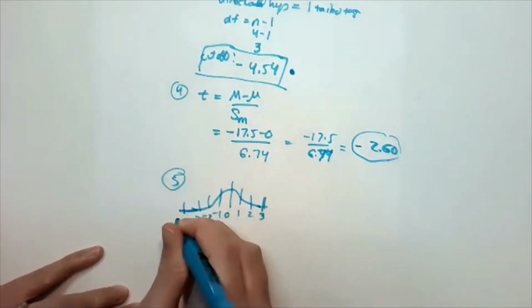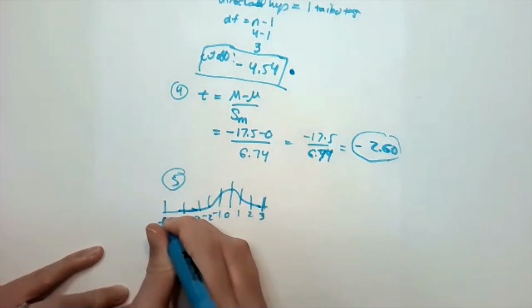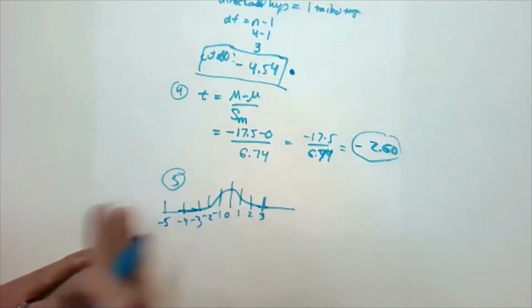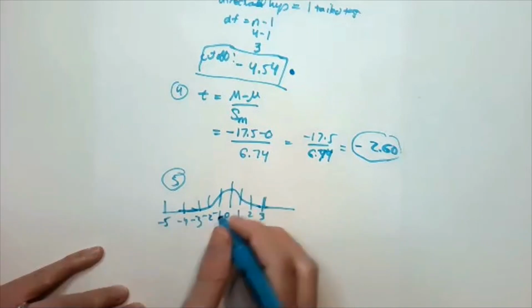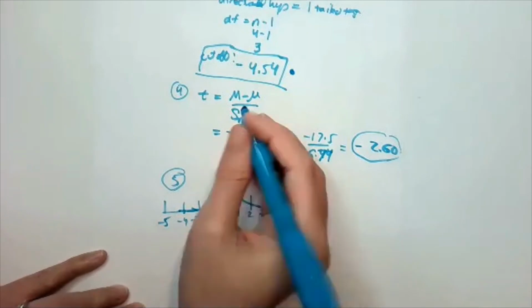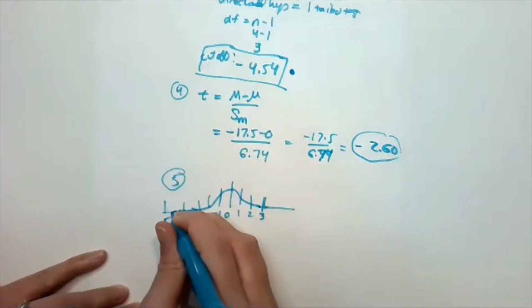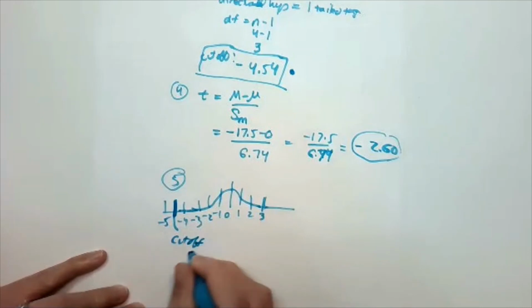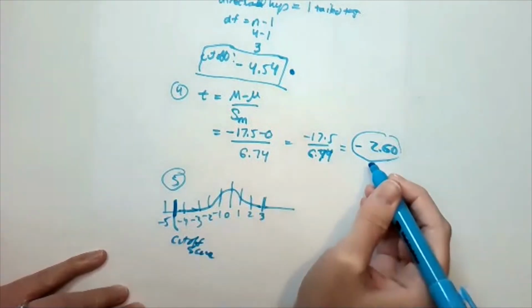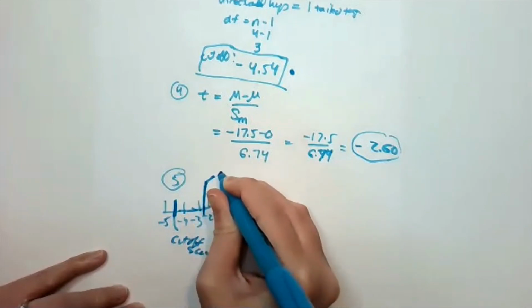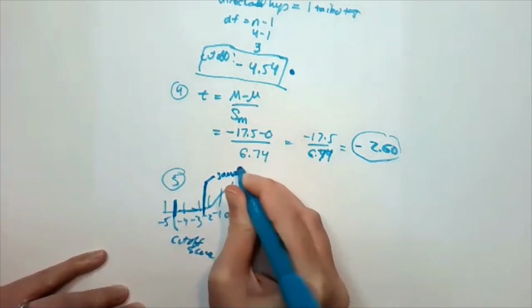The main point here is that we have some representation of how this looks horizontally, even though this is obviously not a very good shape for what this would really look like. So negative 4.5, here's going to be my cutoff score. Negative 2.6 will be right about here, and this is my sample score.